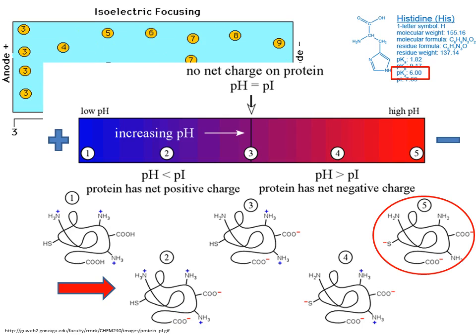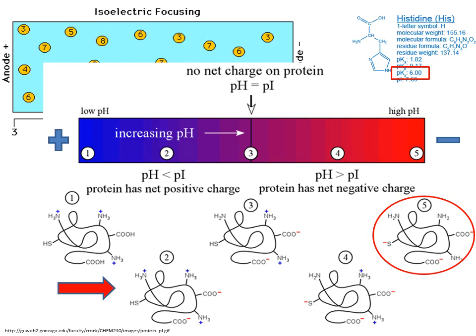They then move towards the positive electrode. Returning to our positively charged molecule, we can recall from the previous slide that amines on different amino acids can lose a hydrogen ion at different pHs, with histidine losing at pH 6, lysine at 10.5 and arginine at 12.5.